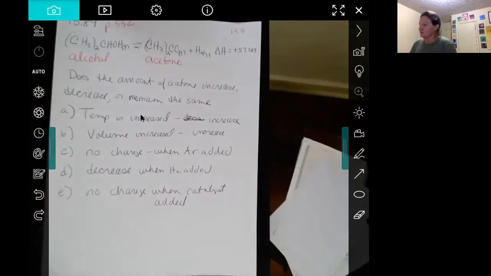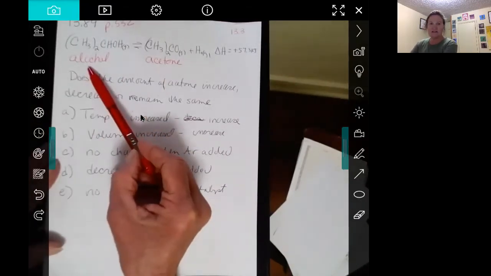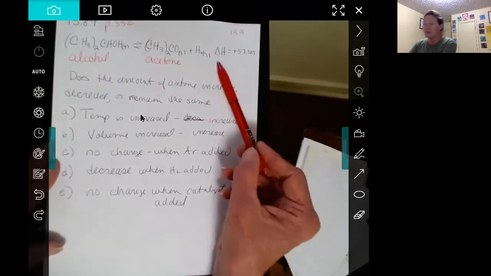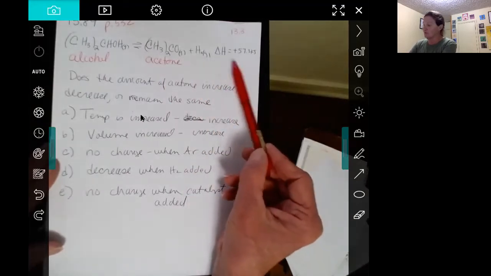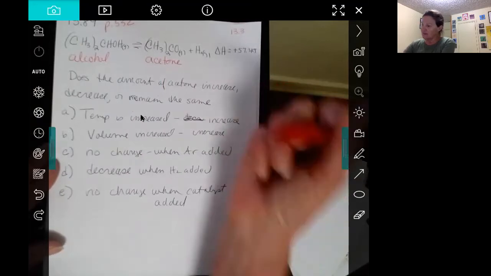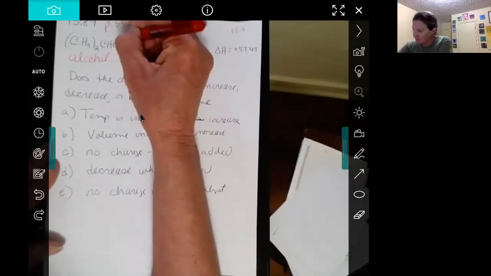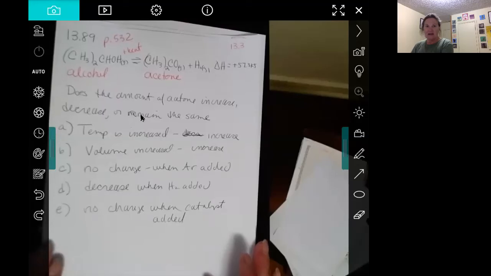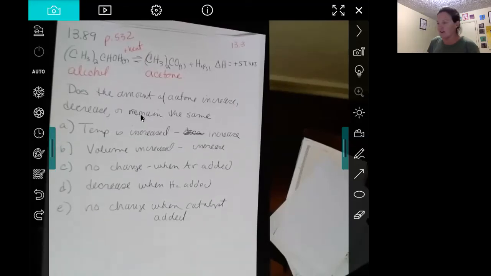So it gives you this reaction, tells you this reactant's name is an alcohol, goes to acetone plus hydrogen, and it tells you that the reaction is endothermic, that it has a positive delta H. So that's the same thing as saying heat would be a reactant. So I'd add heat to the reactant side if I thought about what this means. So the question is, does the amount of acetone increase, decrease, or remain the same when I make the following changes?